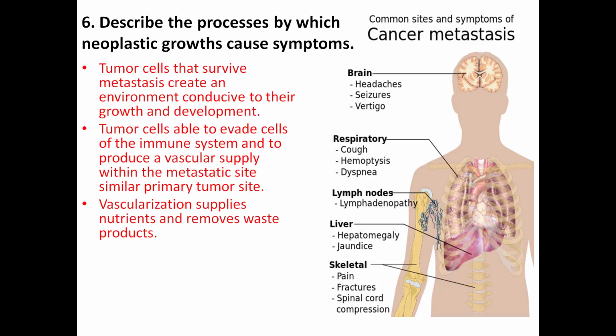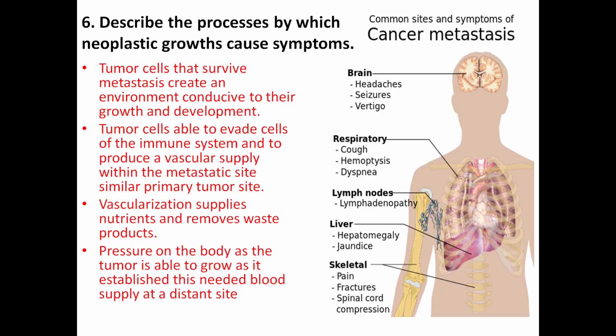Vascularization of the metastatic cells is also facilitated by tumor angiogenesis factors produced by the cancer cells. Ultimately, symptoms are caused by pressure on the body as the tumor is able to grow once it has established the needed blood supply at the distant site. So it causes pressure as it gets bigger.